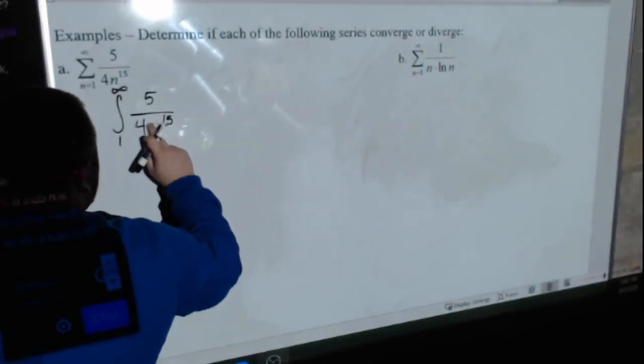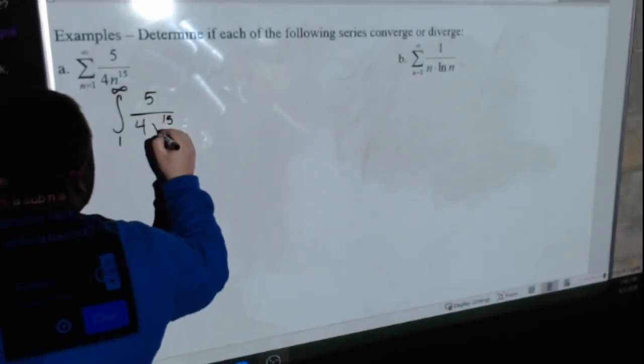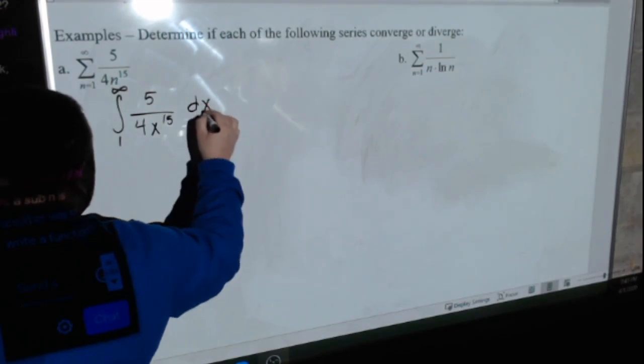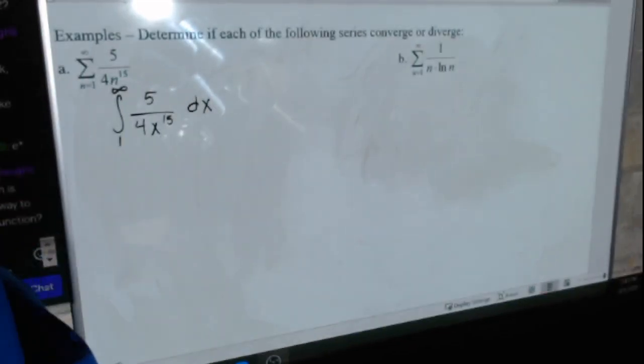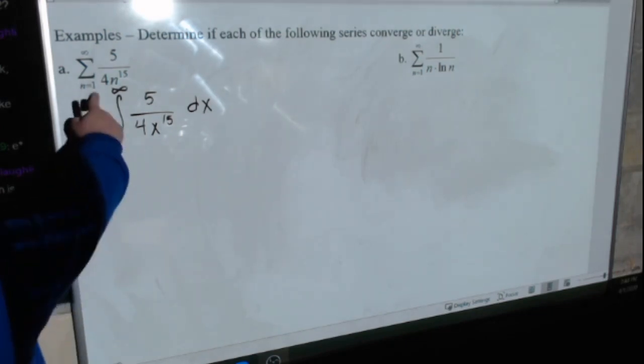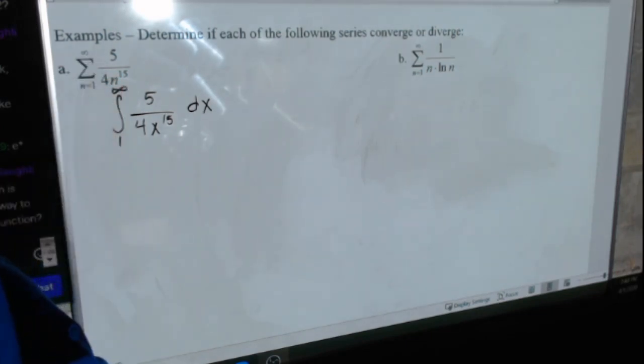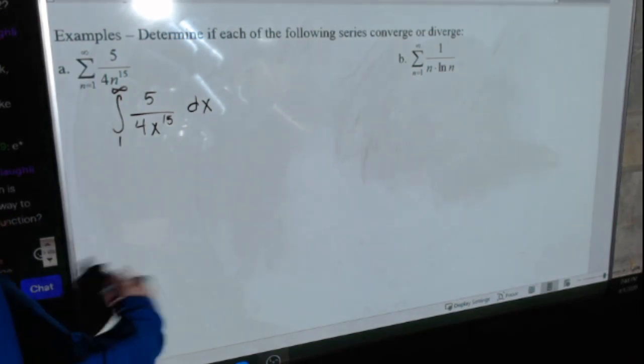And instead of n, we're going to change to x. So we have a dx. A sub n is what we're taking as the function. Remember that an infinite sum, from 1 to infinity, can be taken and turned into an integral.